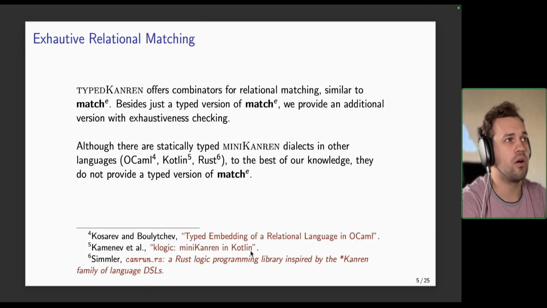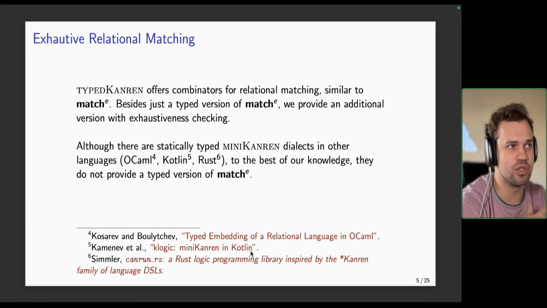Now, one of the distinctive features of typedKanren that we introduce is combinators for relational matching. They're similar to match E in the original Lisp implementations of miniKanren.